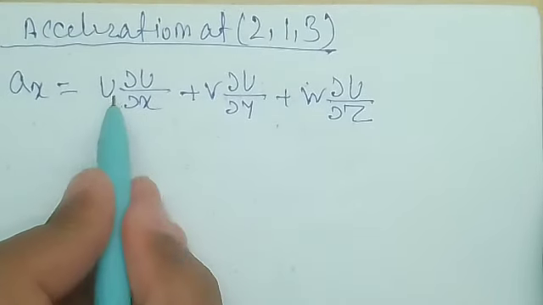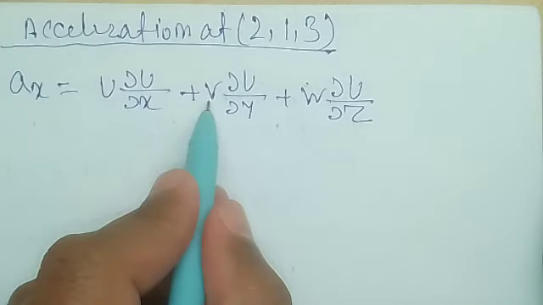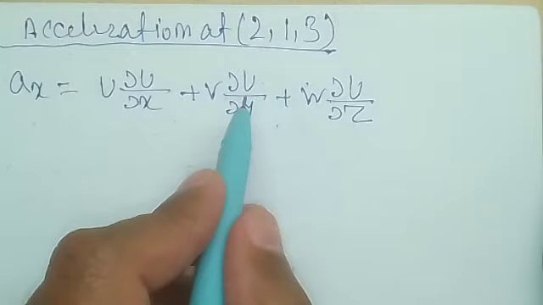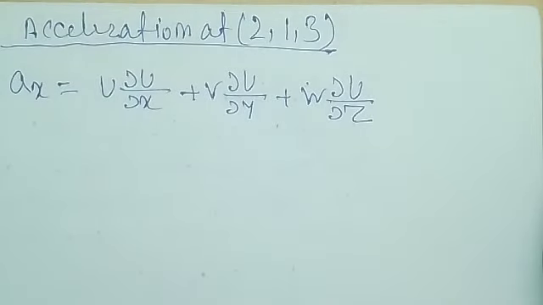So first of all, u is x²y, and v we know is y²z, and w is minus 2xyz minus yz², right?